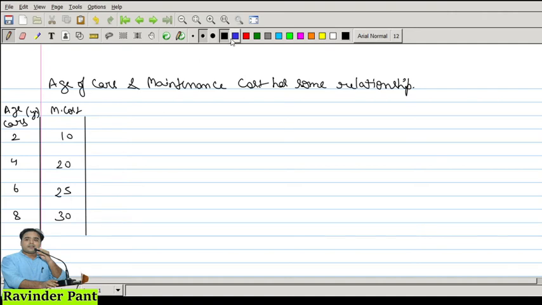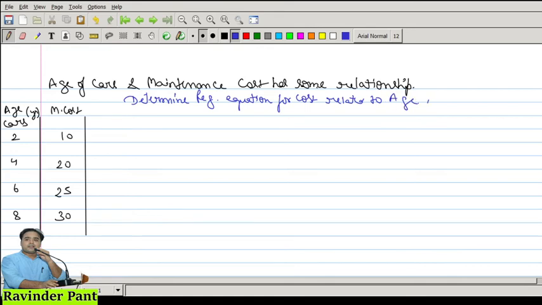And it says that determine regression equations for cost related to age.